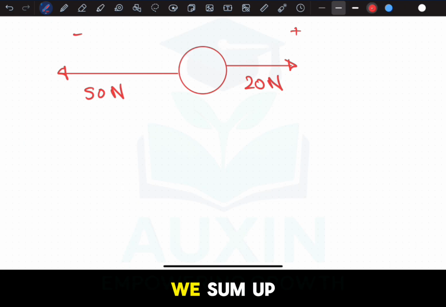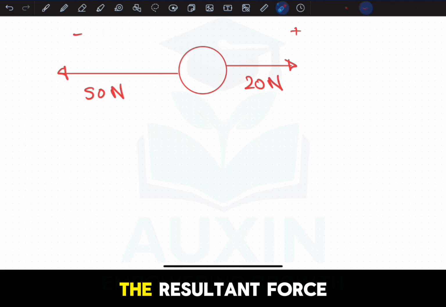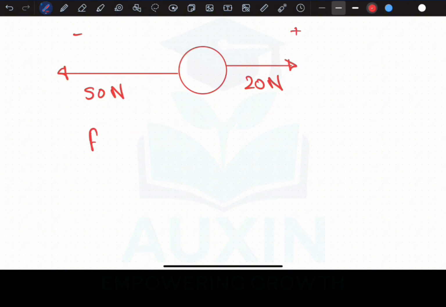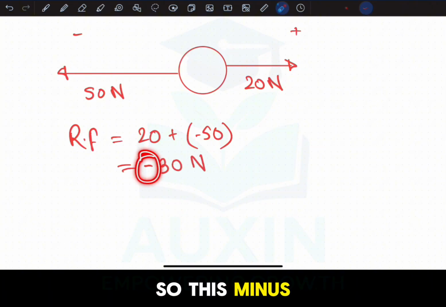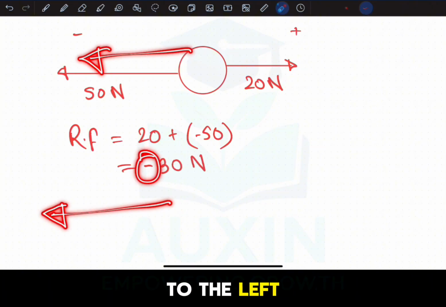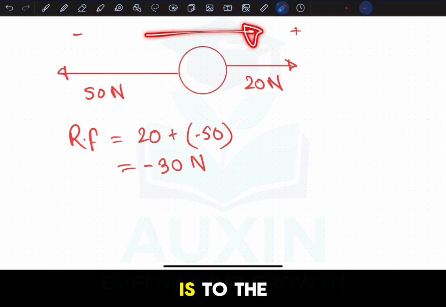So now, if we sum up, the resultant force will be 20 plus minus 50, right? And the resultant force will be minus 30 Newton, right? So this minus indicates that the resultant force is to the left and the motion of the ball is to the right.